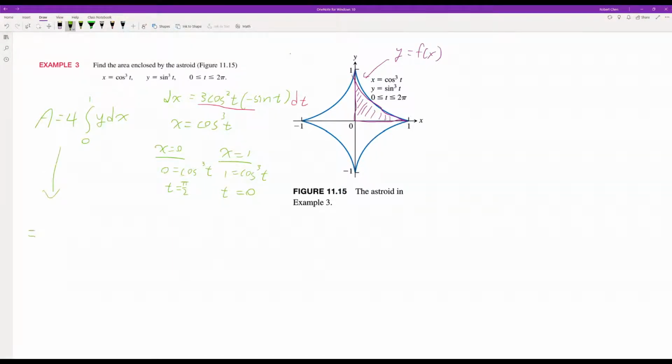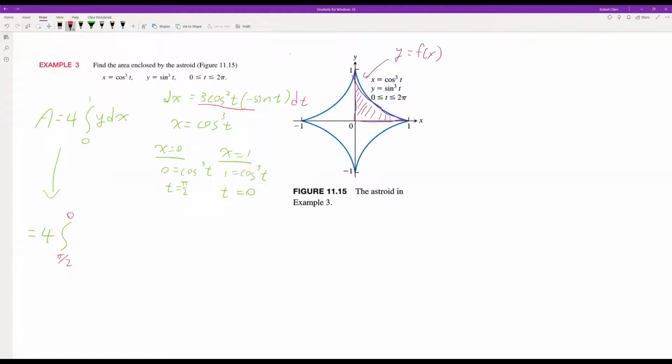Now let's rewrite our definite integral with the new bounds and write it in terms of t. So 4 times the integral with the new bounds: 0 corresponds to pi over 2, and 1 corresponds to 0.